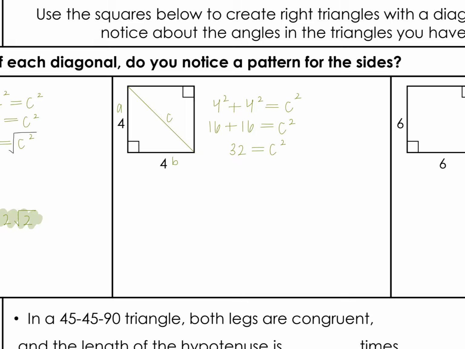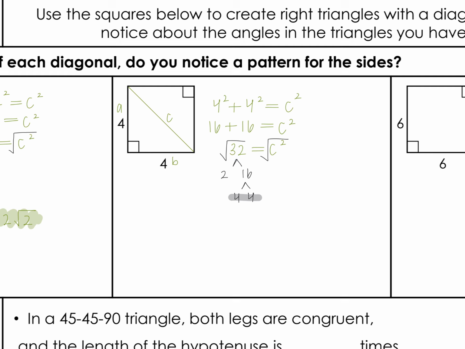Okay, so I'm going to square root both sides here. And then we're going to simplify this radical. So we can do 2 times 16 for my factors. And then that 16 is a perfect square, so I'm going to have 4 and 4. So that's my pair that I'm going to pull out.